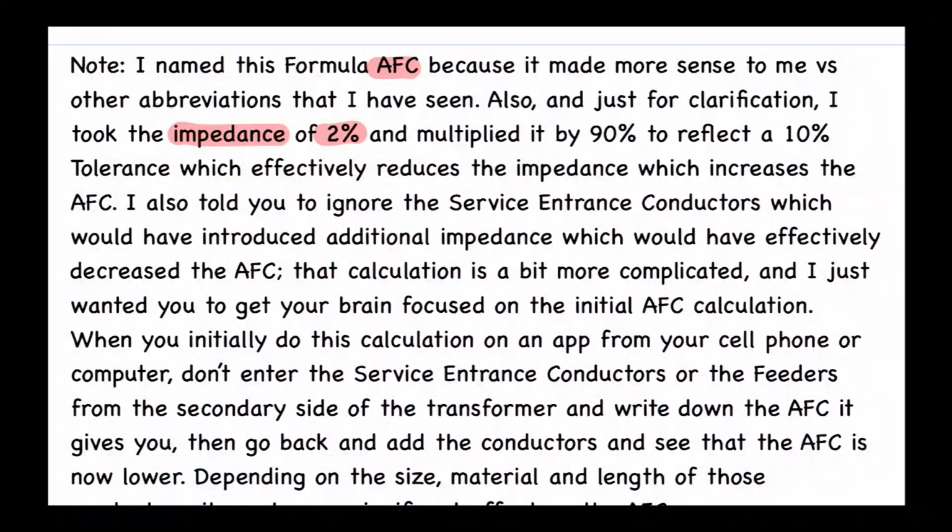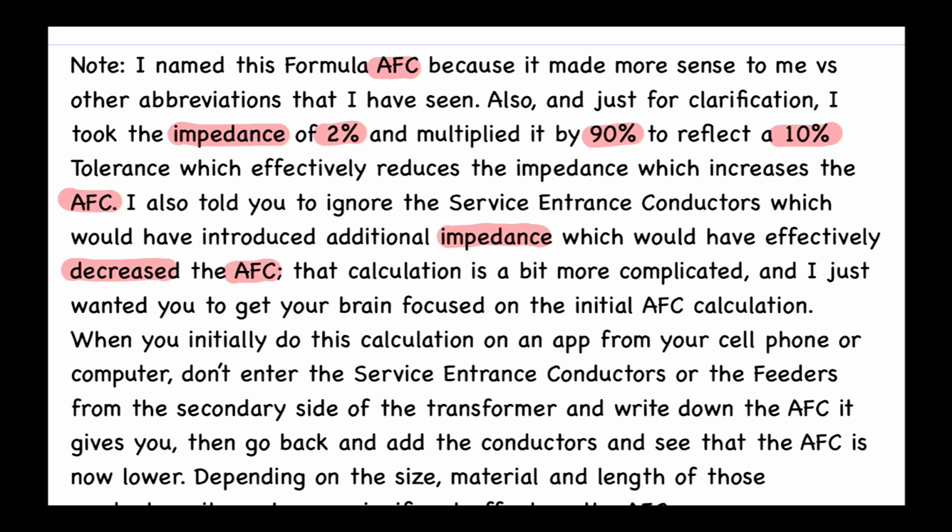Okay, back to the question. I took the impedance of 2% and multiplied it by 90% to reflect a 10% tolerance, which effectively reduces the impedance, which increases the available fault current. I also told you to ignore the service entrance conductors, which would have introduced additional impedance, which would have effectively decreased the available fault current.